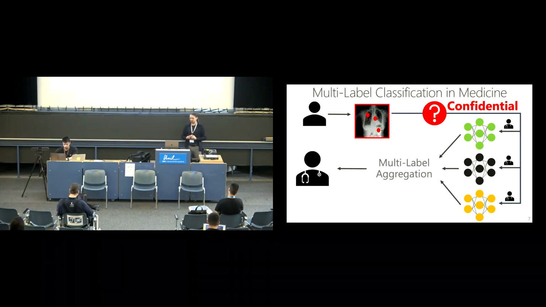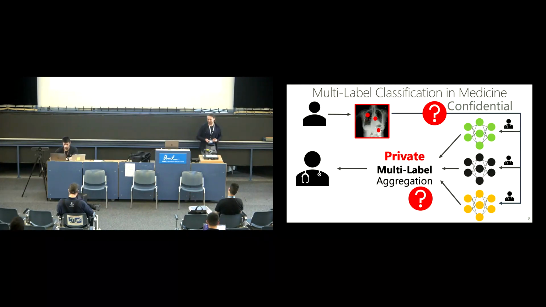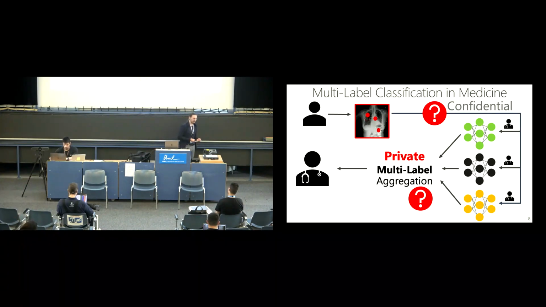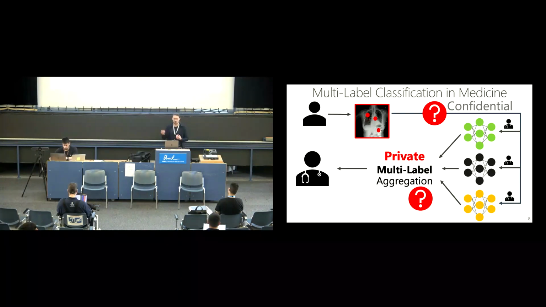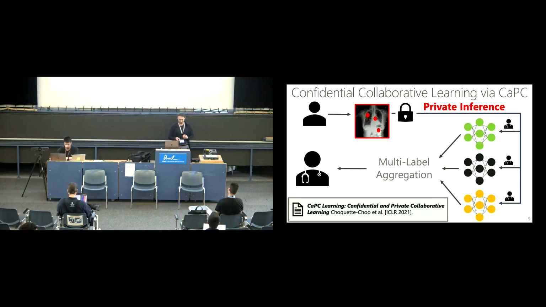So what we actually have to do is provide data confidentiality for this new patient's data. The second problem is that these collaborating parties train their ML models on their own patients' private data. What we don't want is to reveal this private data about other patients to the querying party, being this doctor. So we have to provide privacy for the data that were used to train the ML models.